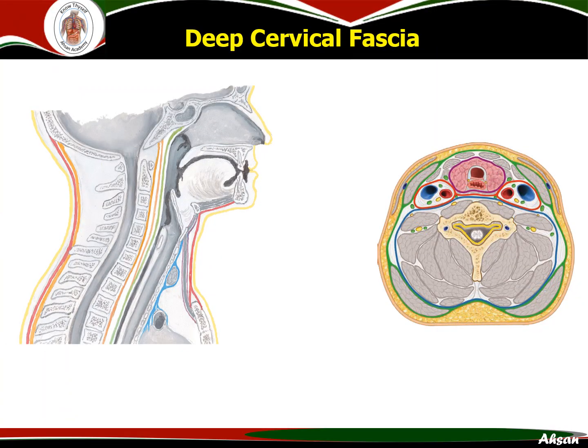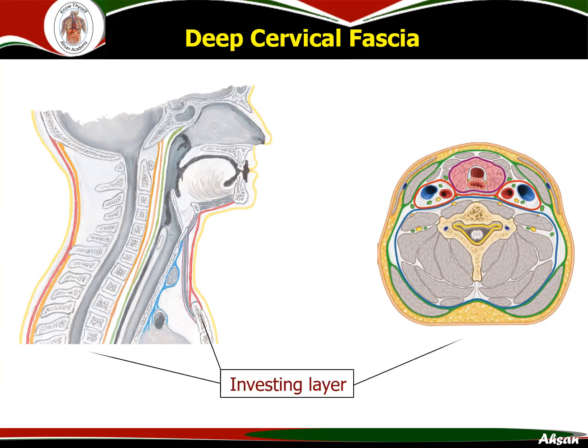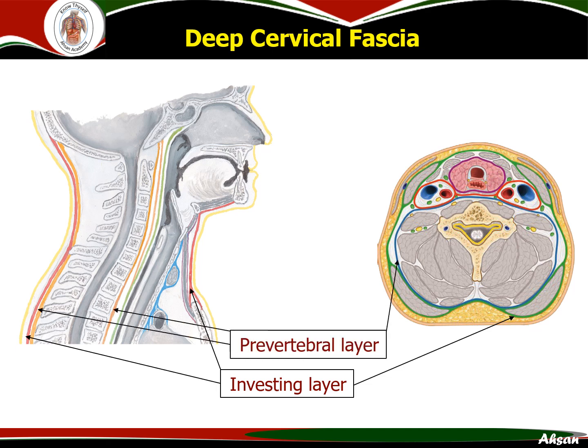Several layers of deep fascia are there in the neck. The outermost layer is the investing layer, which covers the whole neck and includes the muscles within split layers. Inside this, covering the vertebrae and the muscles around the vertebra, is the prevertebral layer of the deep fascia.